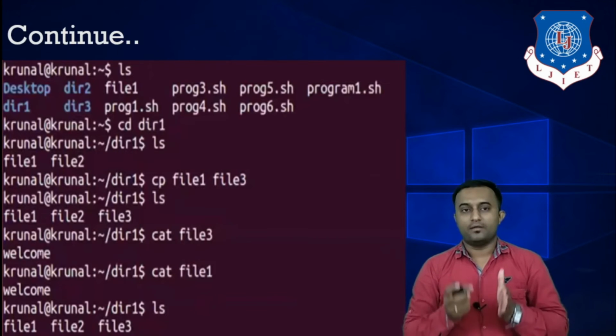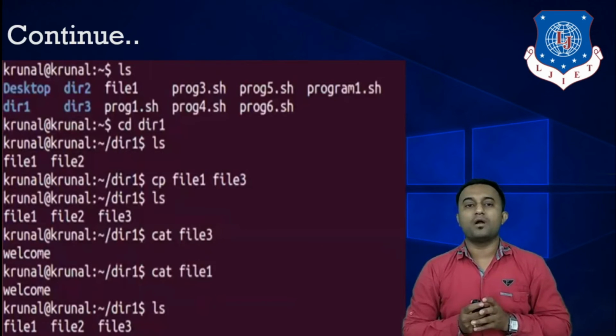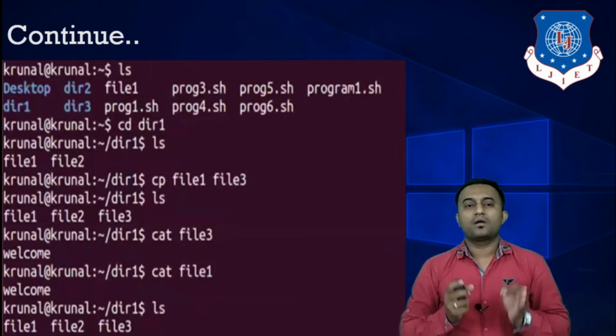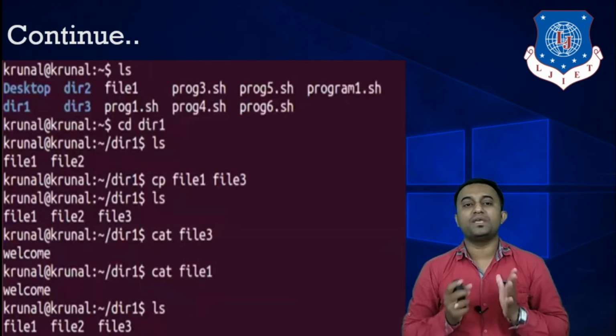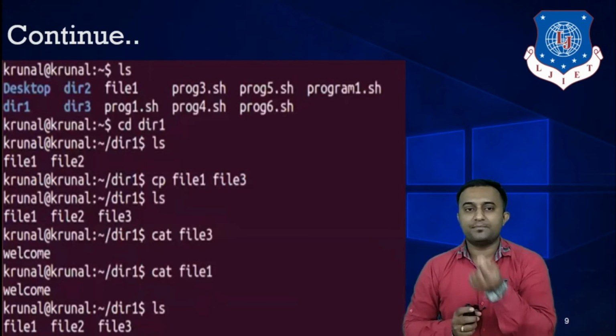Fine. Okay. Now what I need to do is introduce one more command called the copy command. The copy command is used with the short form CP. CP stands for copy. So if I want to do a copy paste operation, I will use CP space.